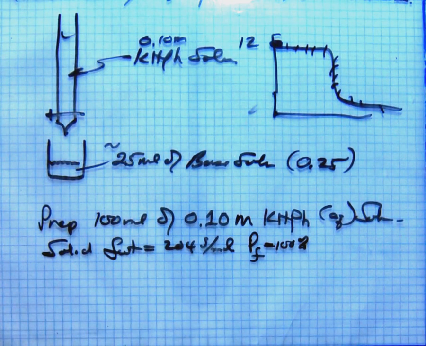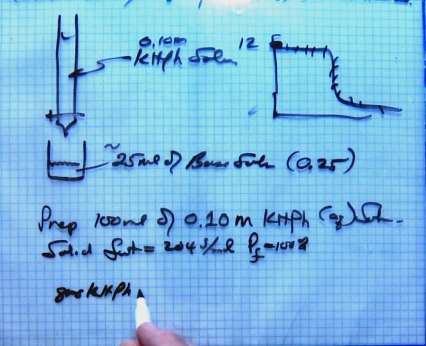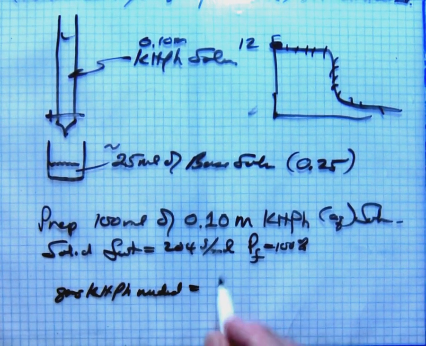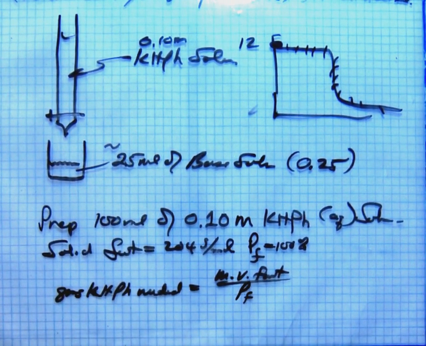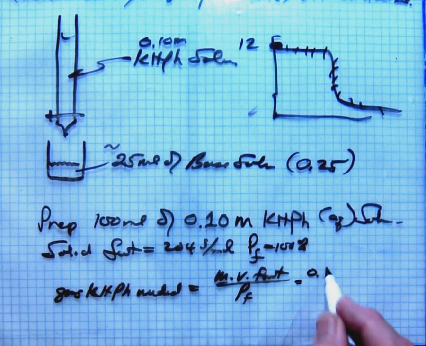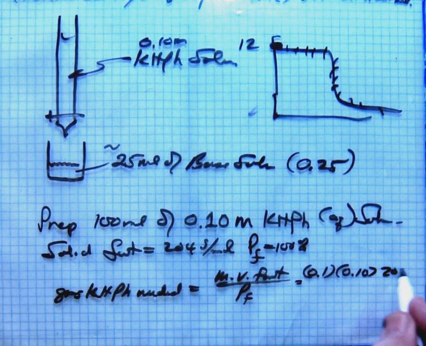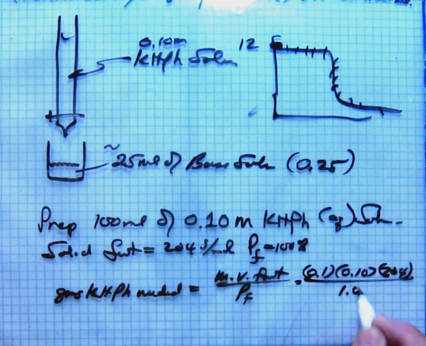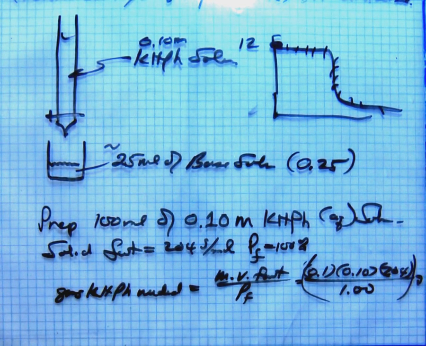Okay, you get the jar from the manufacturer, and you figure grams of KHP needed is equal to molarity times volume times formula weight of the KHP over purity factor. Well, let's see, I need 100 mils, molarity 0.1, 0.10 liter, formula weight 204, purity factor 1.00. That comes out in grams of KHP that you put into a beaker and dissolve up to, but not to exceed, 100 mils.